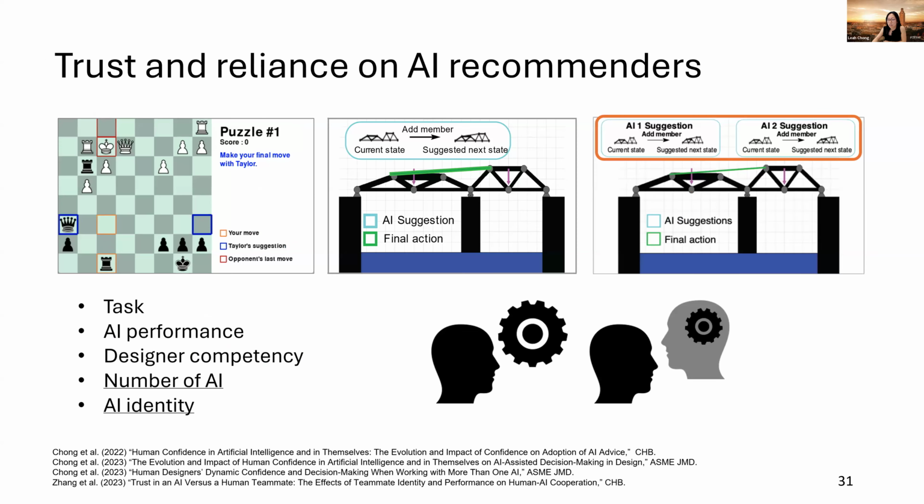Then I also looked at the factor of AI identity. This is a study looking at whether they know it is an AI suggestion, or they think it is a human suggestion but it is actually an AI suggestion, and whether there is a difference in their perception of the suggestions.